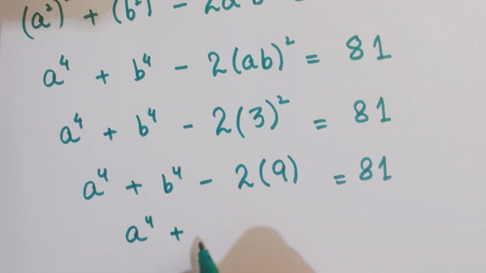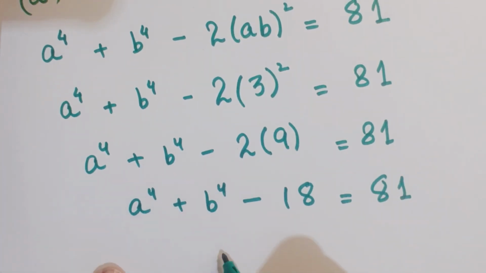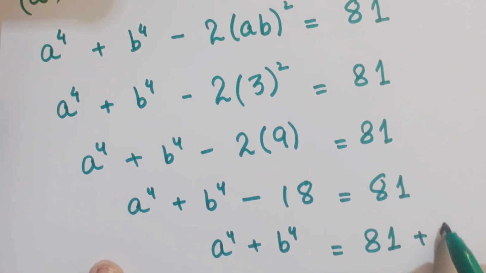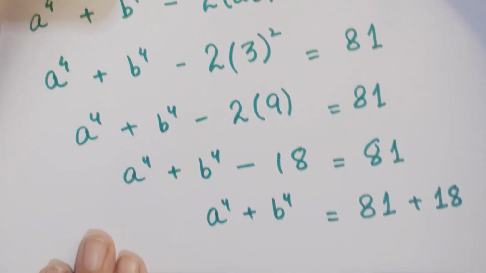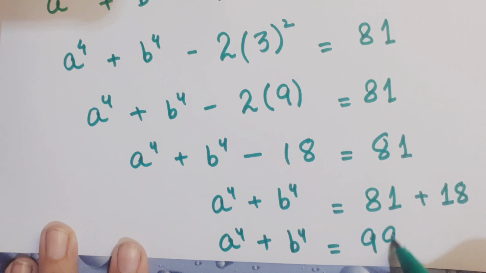Here we have a power 4 plus b power 4 minus 18 is equal to 81, or a to the power 4 plus b to the power 4 is equal to 81 plus 18. After simplification, you get a power 4 plus b power 4 is equal to 99.